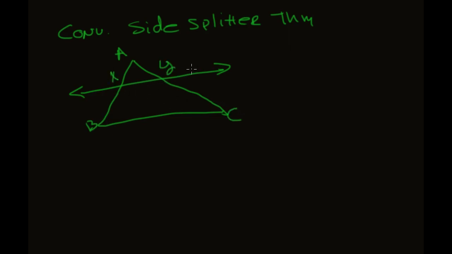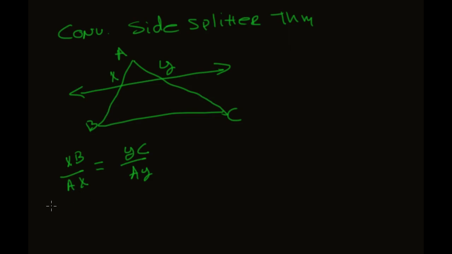And I draw the line so that the proportion holds, right? So what if XB is to AX as YC is to AY?